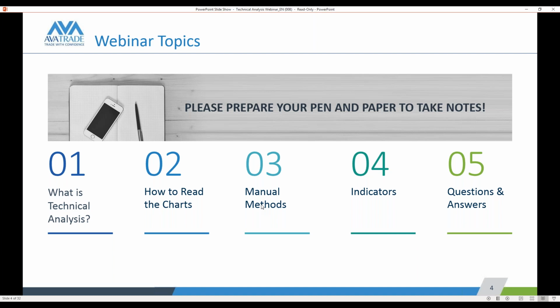And then we may add an indicator eventually within the segment today. We may look at some different indicators on the chart if we have time or if we think it's appropriate. And anytime as we go through, don't wait. This slide makes it look like it has to be the last step, but please ask questions at any time as we go through. You can type in the chat box anything you wish.